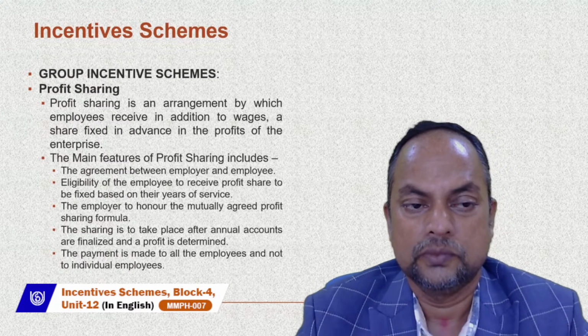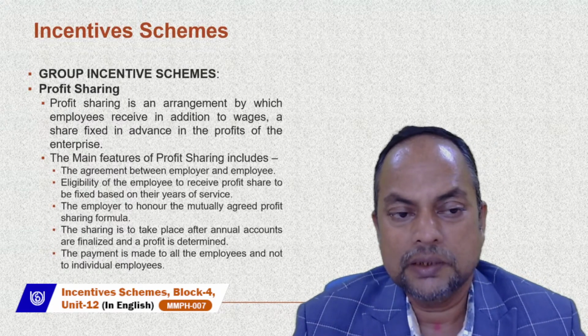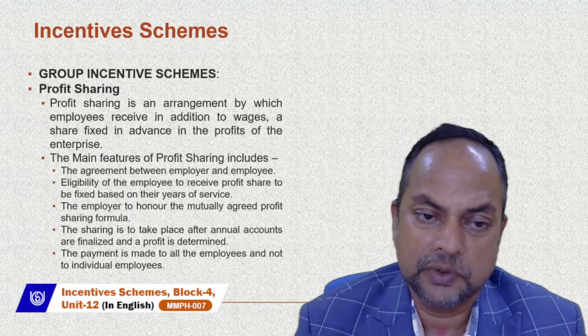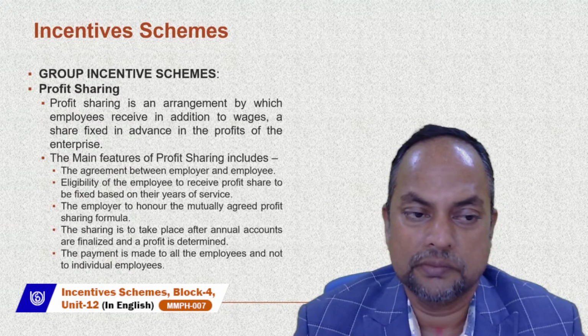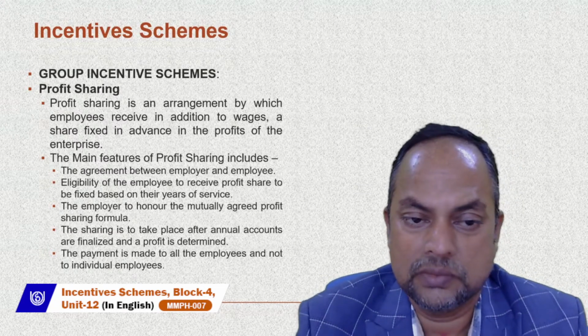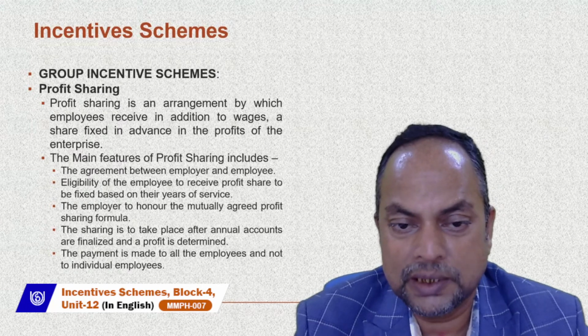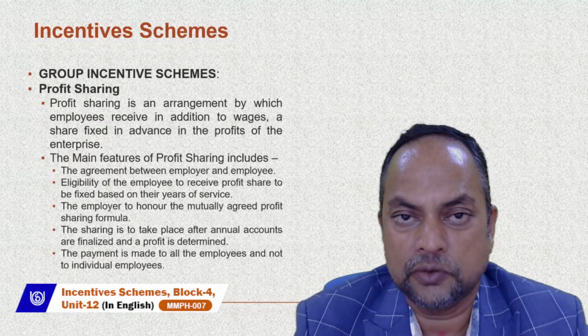So main features of profit sharing: agreement would be there. Eligibility of the employee to receive the profit has to be fixed based on their years of experience. The employer has to honor the mutually agreed profit sharing formula.